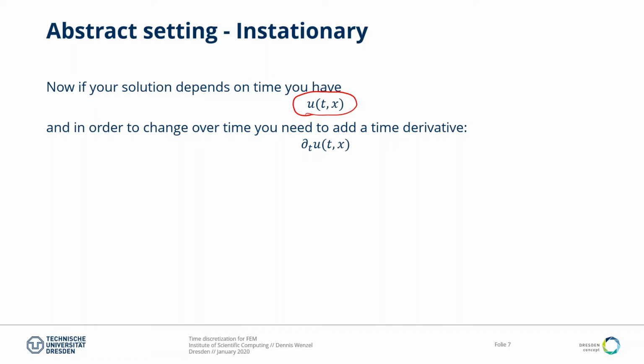And of course, you also need to add time derivatives, because otherwise, if you prescribe that something is changing over time, but you don't include time derivatives in your PDE, then it won't change over time, right? Then it will just stay constant over time, and then nothing happens.